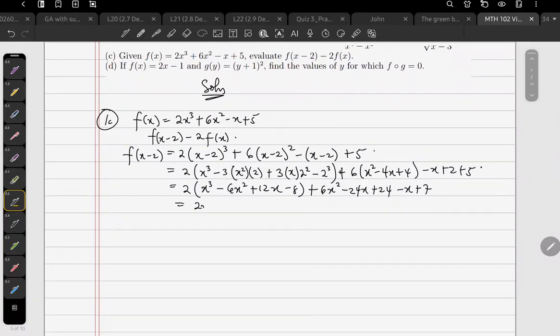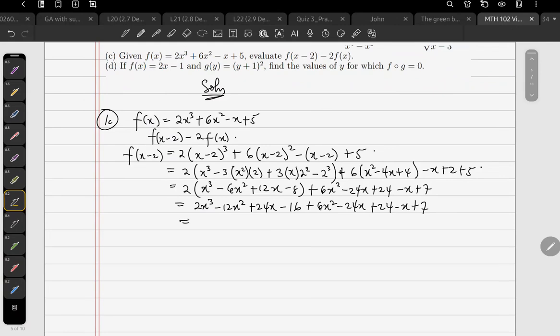And this is equal to 2x cubed minus 12x squared plus 24x minus 16 plus 6x squared minus 24x plus 24 minus x plus 7.